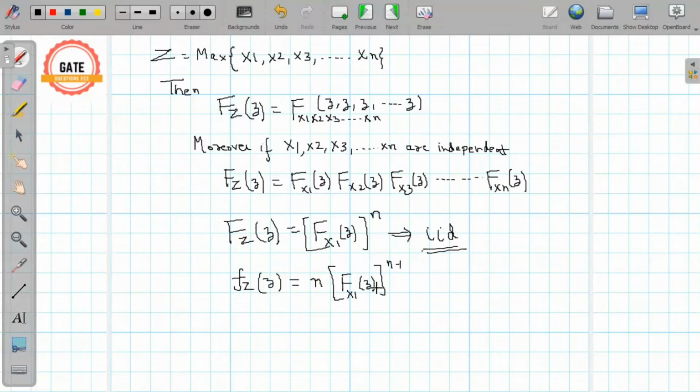So differentiation of CDF will be its PDF.